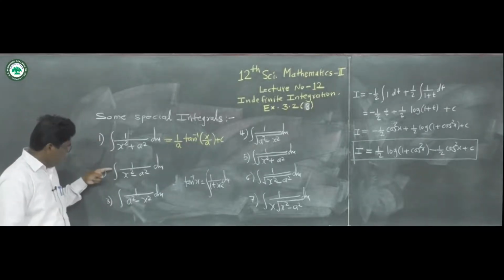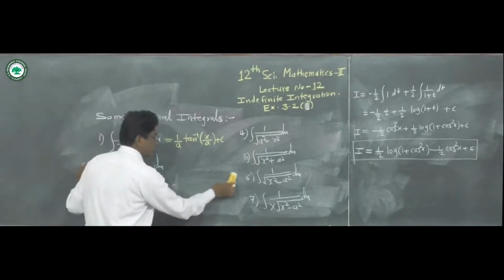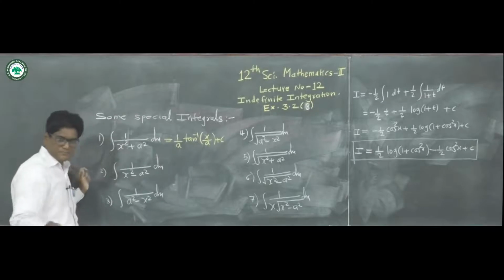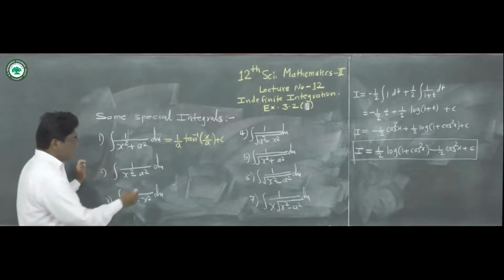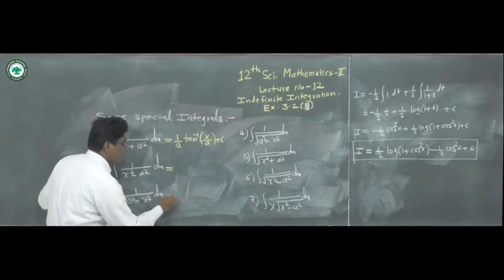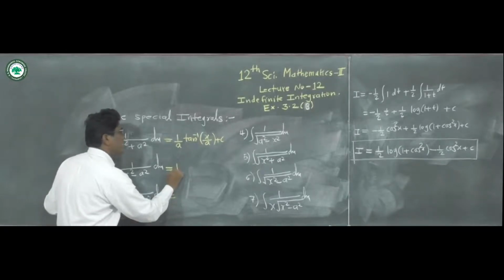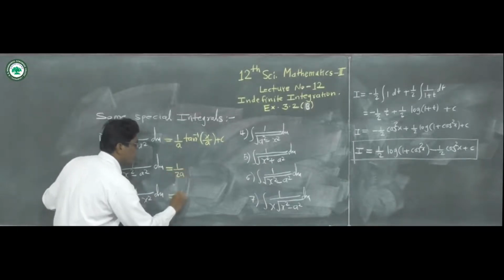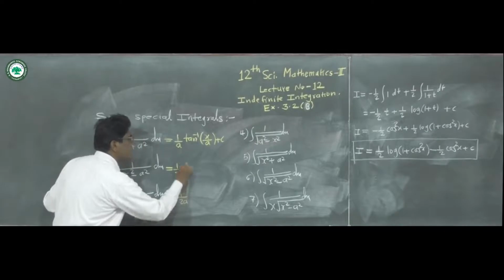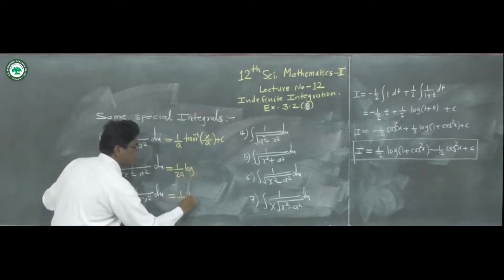Now to remember the second and third formula. See here, second and third are the same. So for second and third, we take 1 upon 2a. In both the formulae, we take 1 upon 2a. Also take log, here also log.